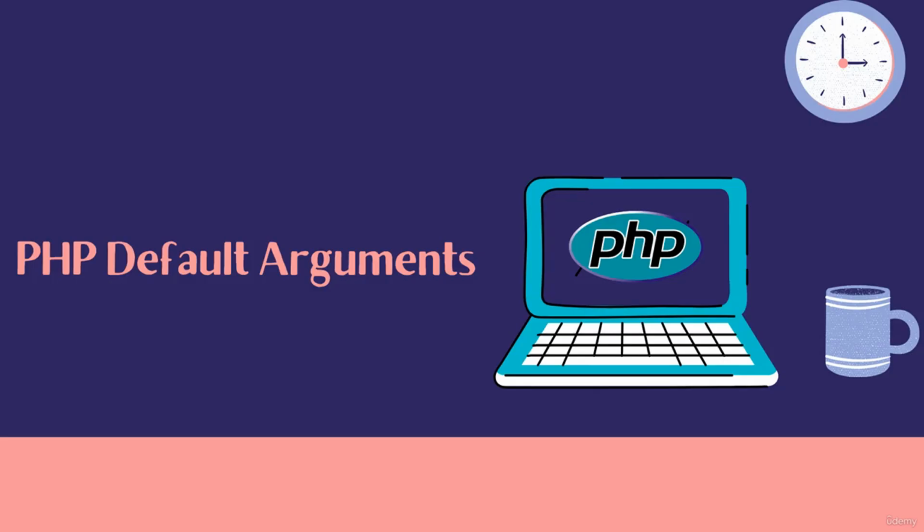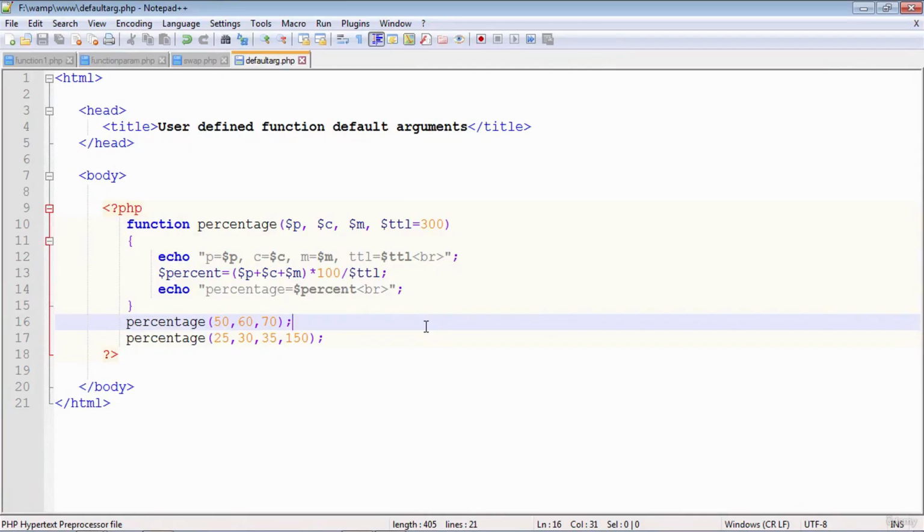In our discussion of functions, what are the default arguments to a function? How to stipulate the default arguments in a function definition, that we shall study with the help of this example. So in this example, the function that is defined is percentage, and it has been designed to accept 4 arguments from the calling environment, and the arguments are PCM and total TTL.